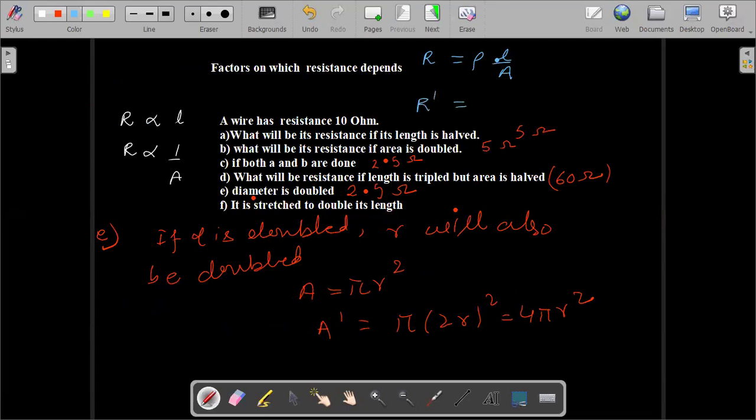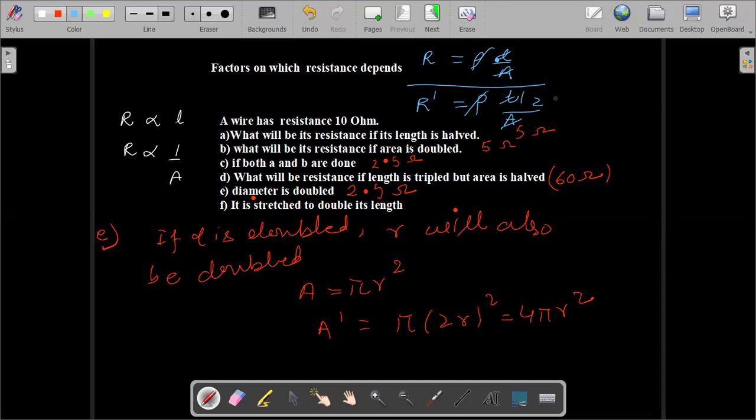So R dash will be equal to rho multiplied by the new length, which is L by 2, divided by A, right? So I got two equations. I can divide the two equations. Rho and rho cancel each other, area and area cancel each other, and L and L cancel each other.